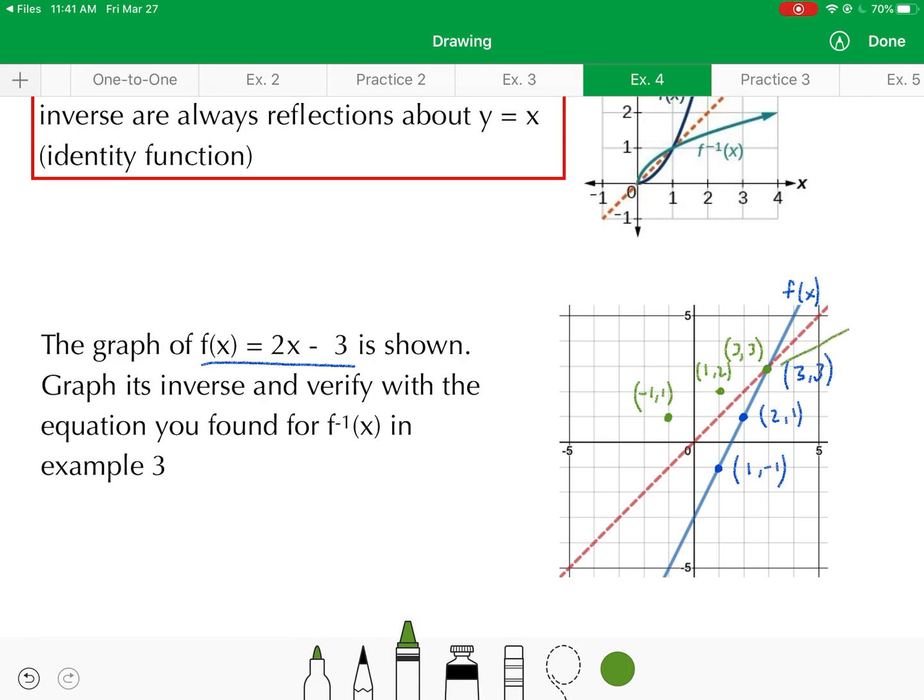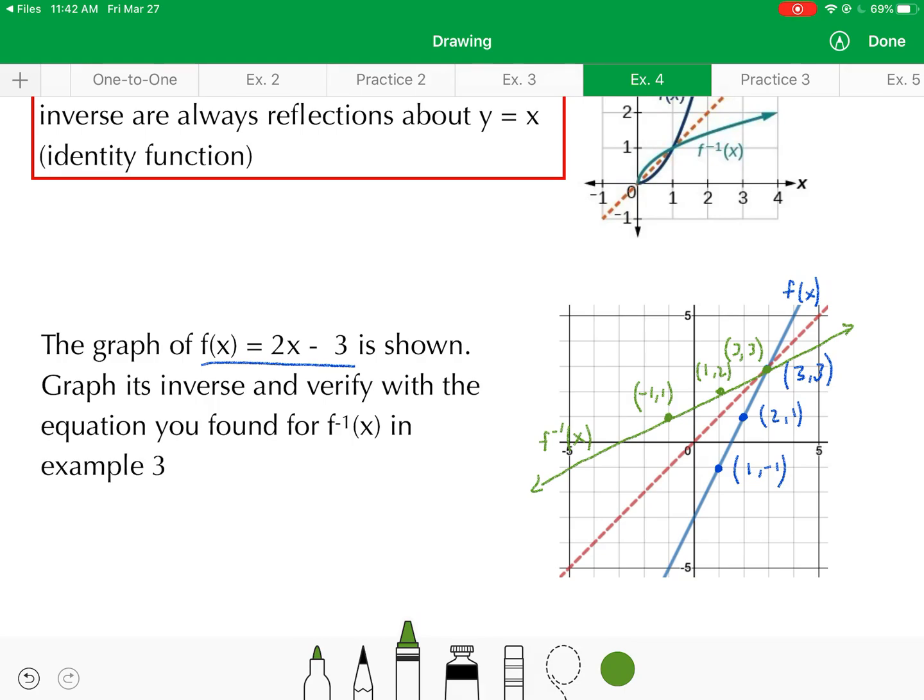And then we can draw in the new line here. We'll label that as the inverse of f. And notice we do have a reflection of the green line and the blue line across y equals x, which is the red dashed line there.